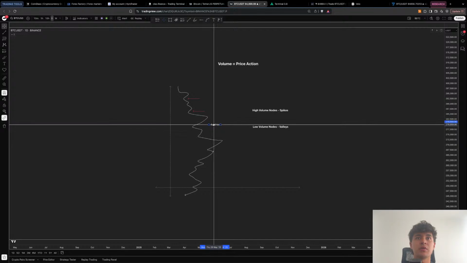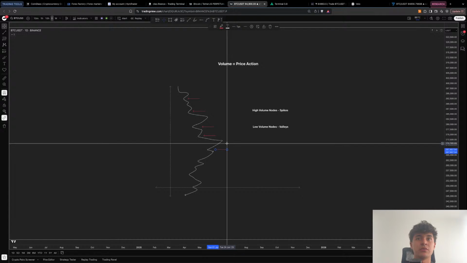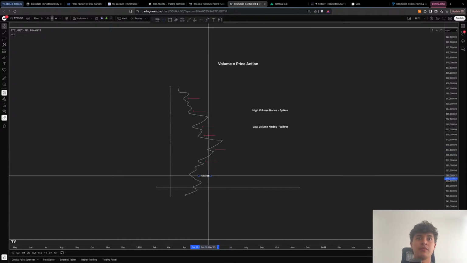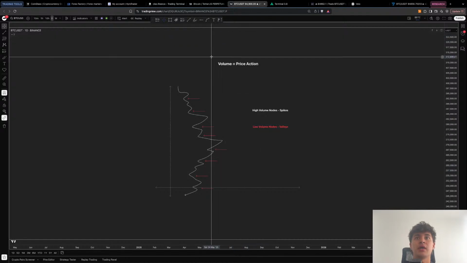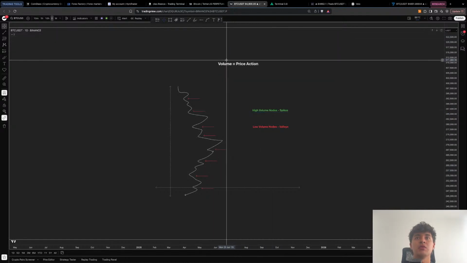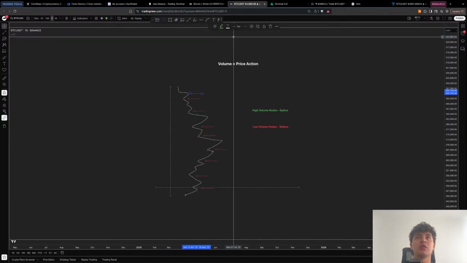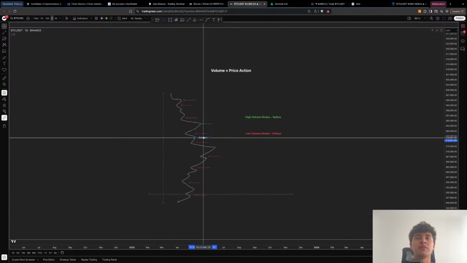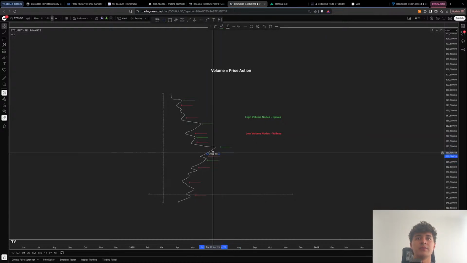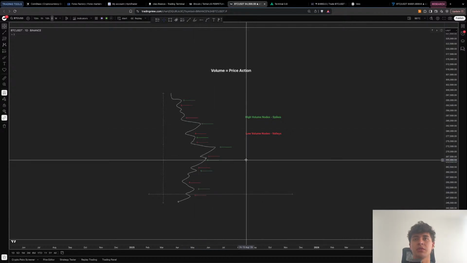So we have a low volume node over here, another one over here, another one over here, another one, and so on. Low volume nodes are red arrows, and we're going to highlight high volume nodes as green arrows. So now we need to find high volume nodes. We have one here, one here, another here, another here, and so on. I hope you understood this, but this is basically how it looks.